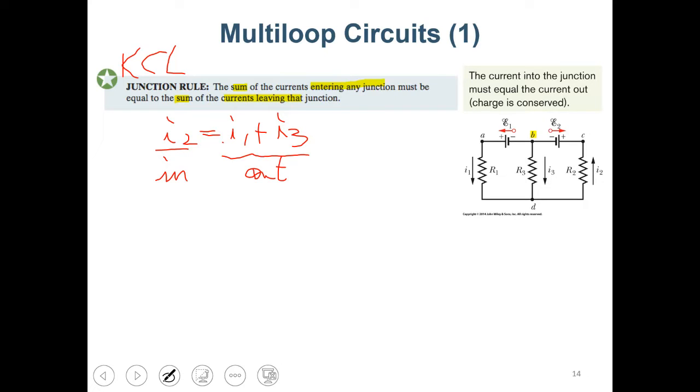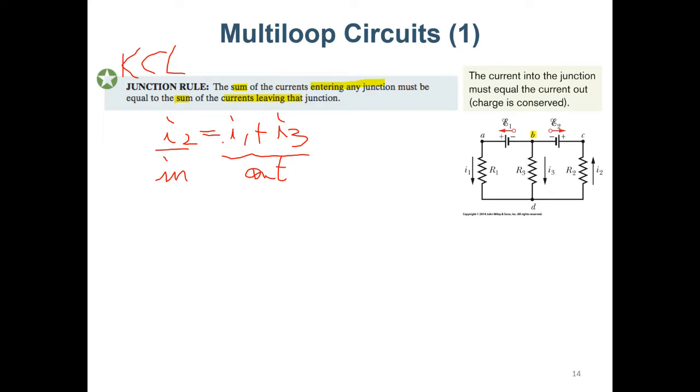But usually trying to distinguish what is going in and what is going out would be complicated. You can make mistakes from time to time. My habit is to assume all the currents are going outside, and then add all of them together to be equal to 0. Because it doesn't really matter which direction you assume the current is going.